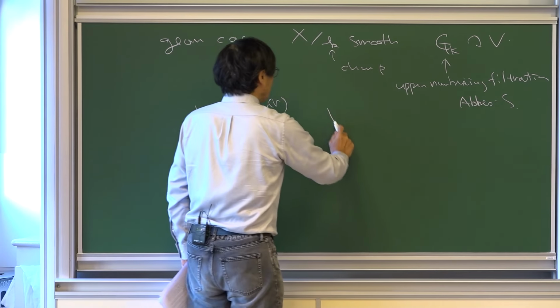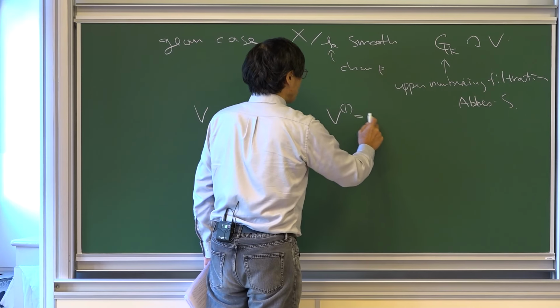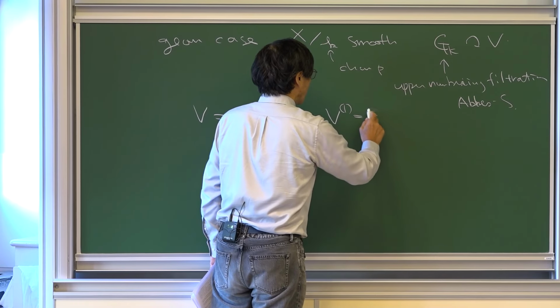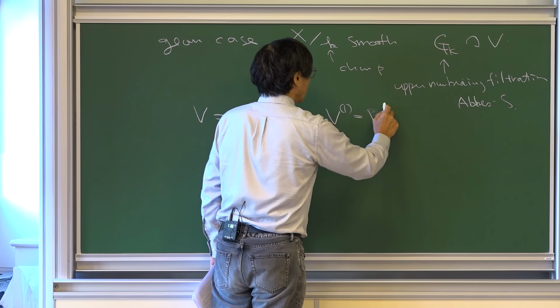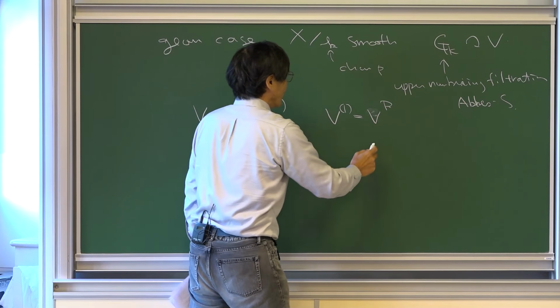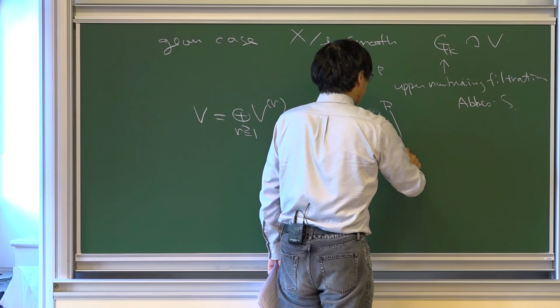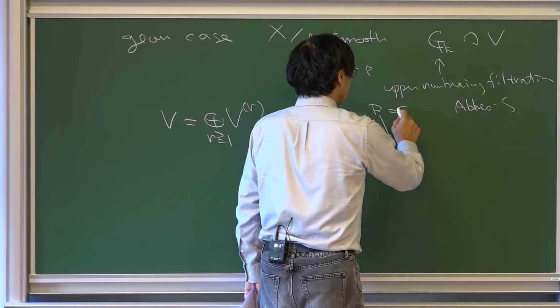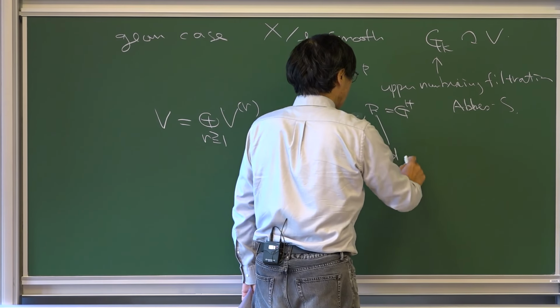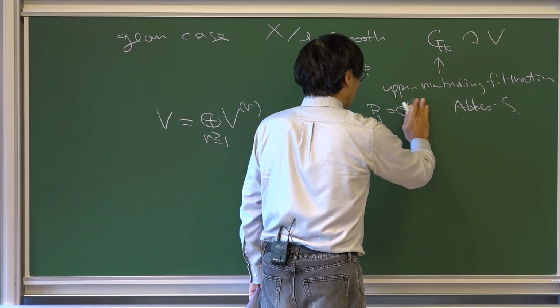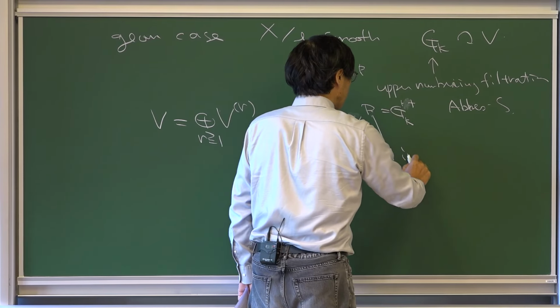And V1 is just the tame part, where P is the wild inertia, so one plus wild inertia.